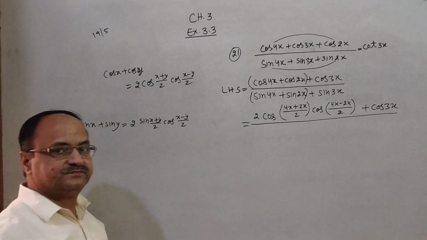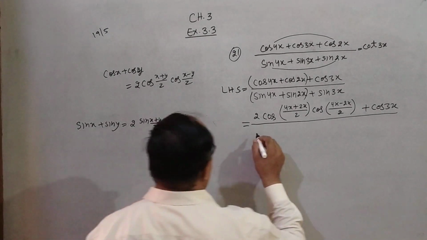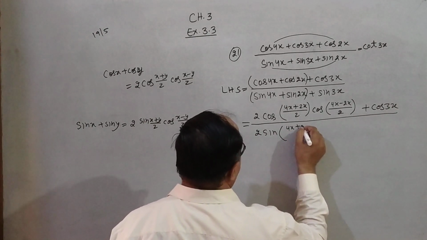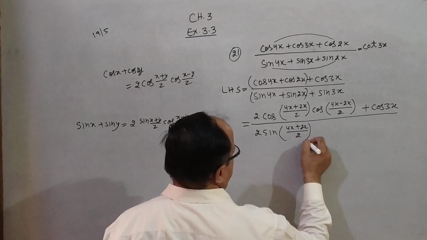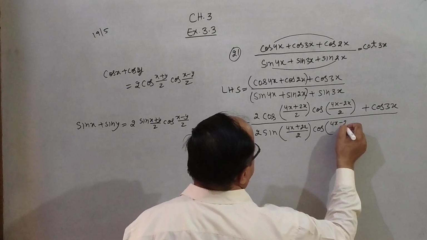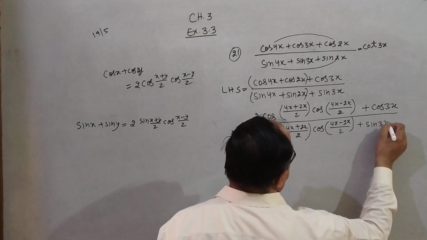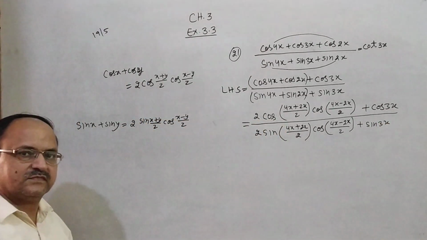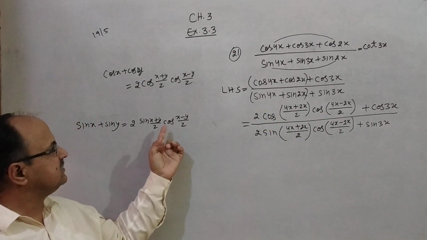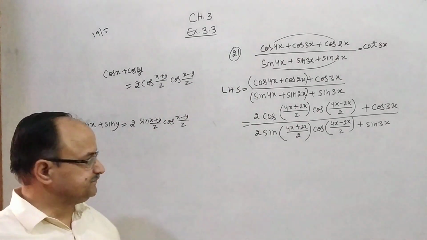Here in the denominator, apply this formula: 2 sin 4x plus 2x by 2 and cos 4x minus 2x by 2, and the sin 3x as it is. Here we apply this formula, and in the numerator we apply this formula. Clear?